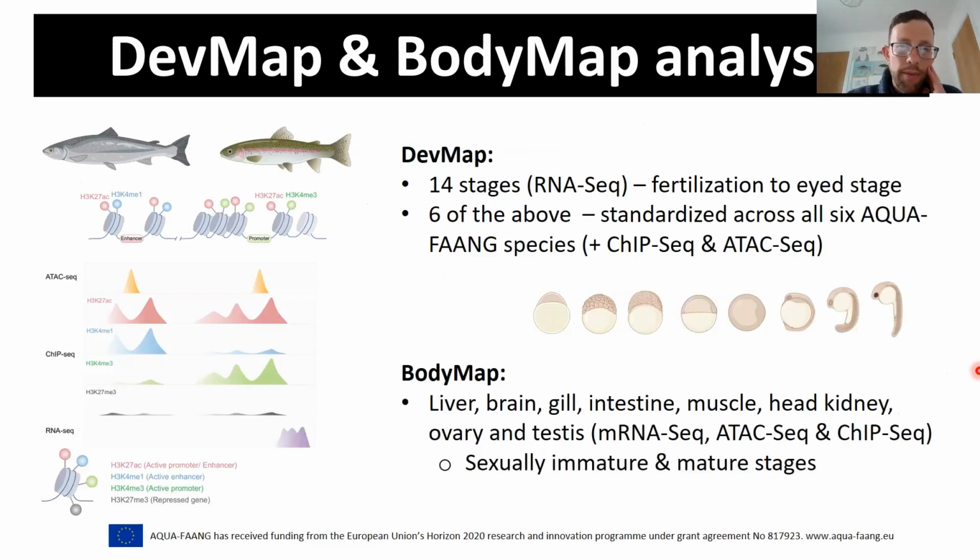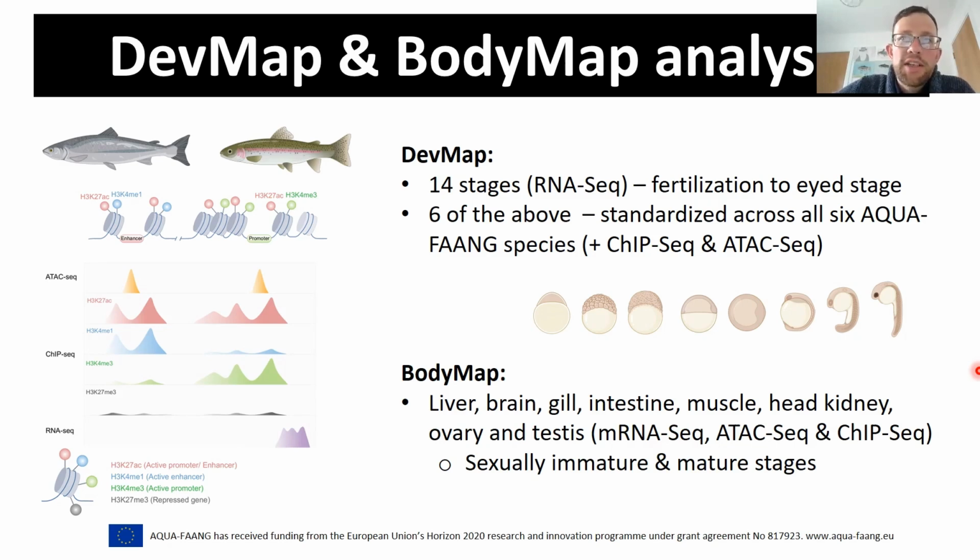So the DevMap samples capture 14 stages of embryonic development that are matched across the two species for RNA sequencing. So this is from fertilization onwards, including the cleavage stages, then the blastulation, when the genome is activated, gastrulation, when a lot of important patterning happens, segmentation and somitogenesis, leading up to organ development.